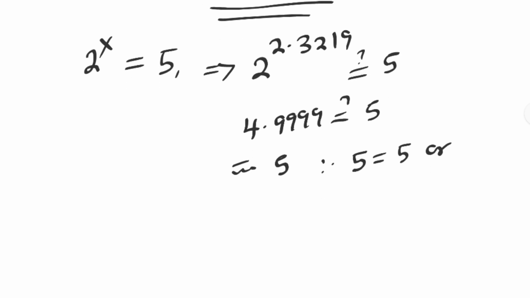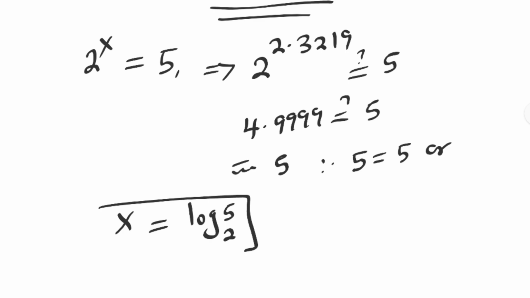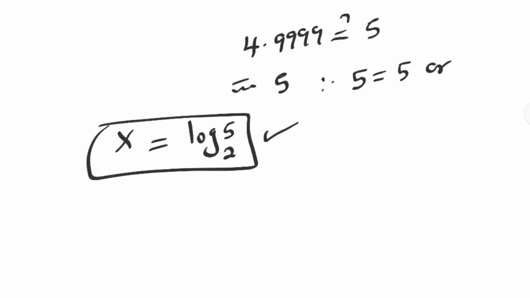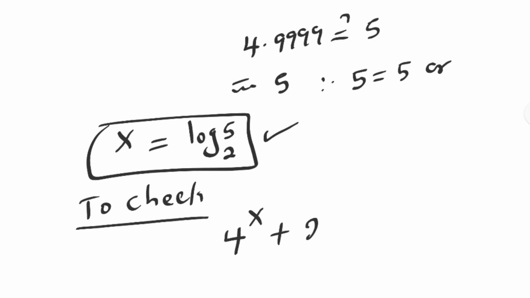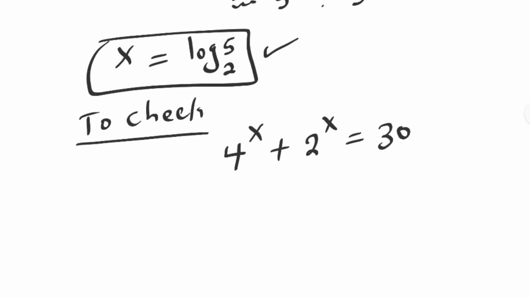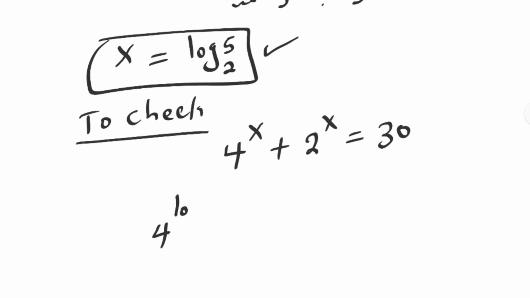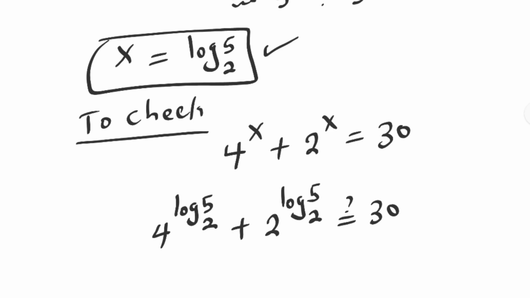Or we have x is equal to log 5 base 2. Let us check if this is right or wrong. To check, we have the given equation 4 raised to power x plus 2 raised to power x is equal to 30. Then this is 4 raised to power log 5 base 2 plus 2 raised to power log 5 base 2 must be equal to 30.